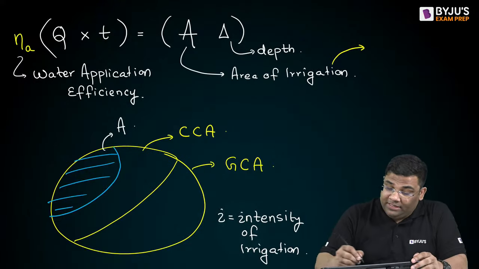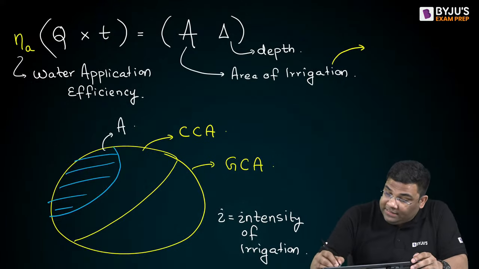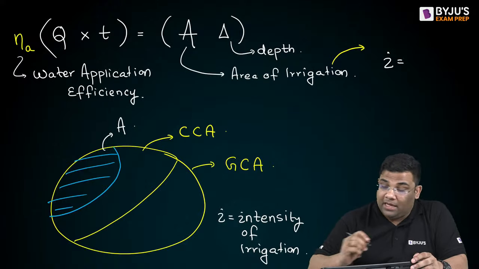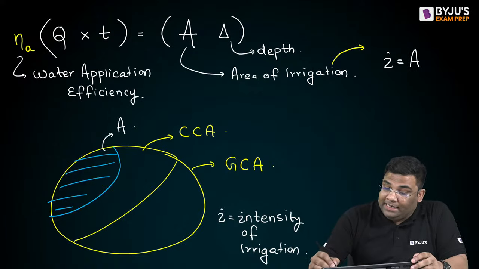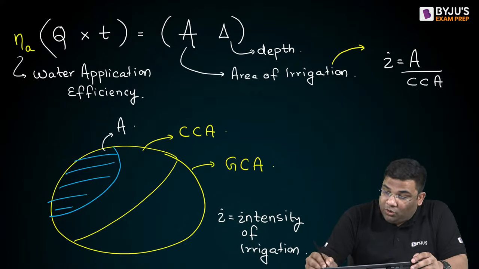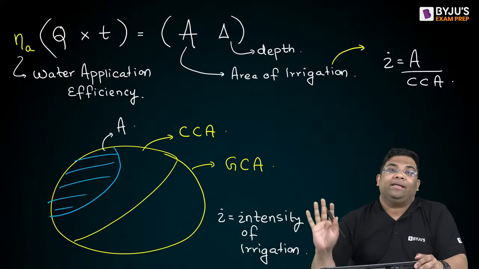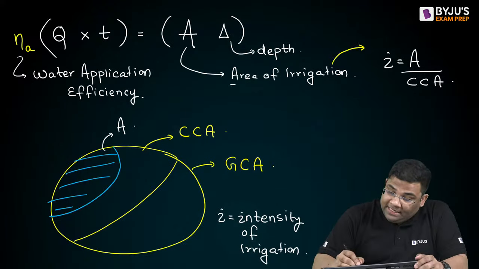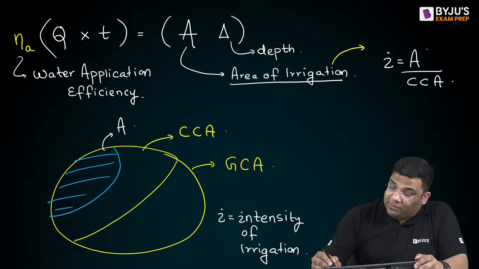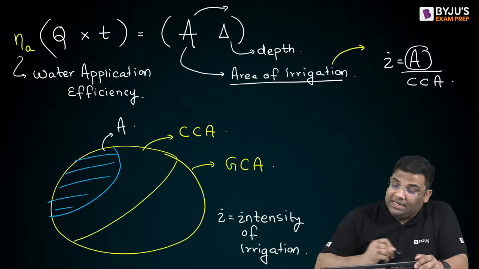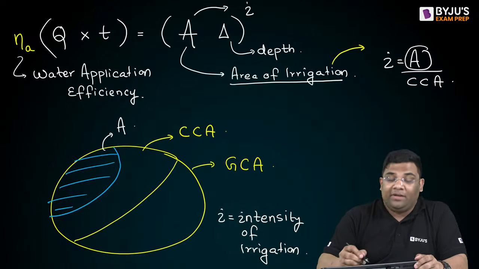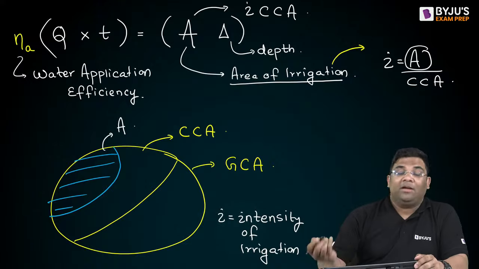Now intensity of irrigation is the area irrigated divided by your cultivable command area. So this area of irrigation can also be written as intensity of irrigation into cultivable command area.